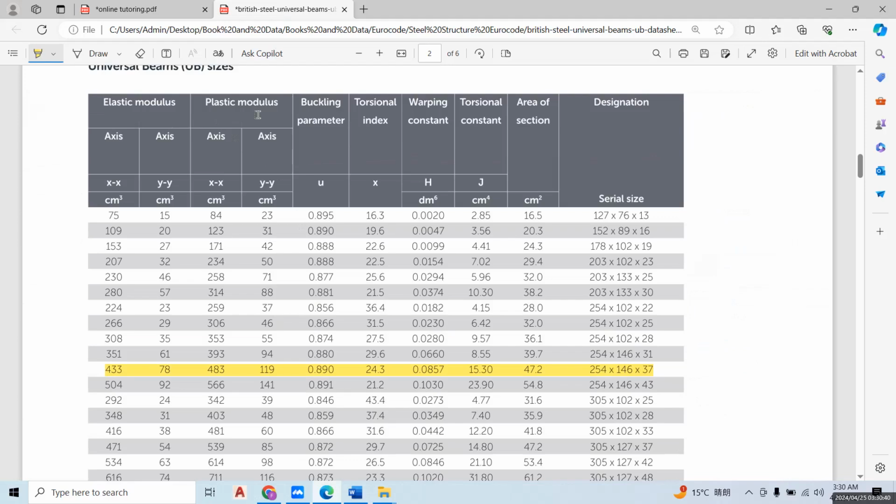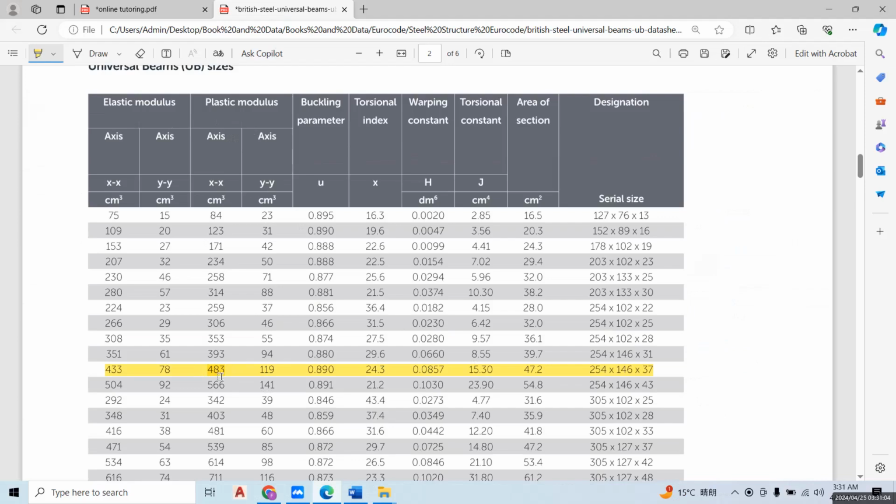Don't be confused: in the question he calls the stronger axis y, but these tables consider the x-axis as the stronger axis. So you have to take this value. Your plastic section modulus is equal to 483.